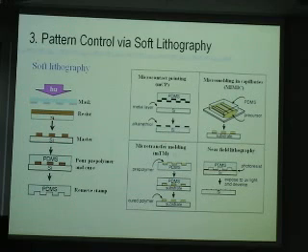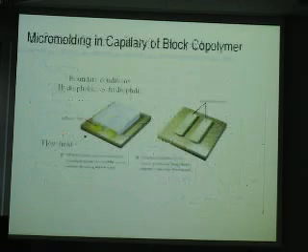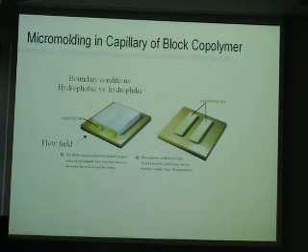Today I'd like to use micro-molding in capillary using block polymer. This is also one of the examples of how we combine these two driving forces to control the nanoscale self-assembled structure. First we fabricate this pattern structure, this stamp, easily using soft lithography.